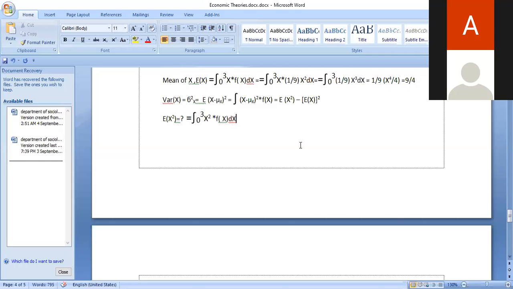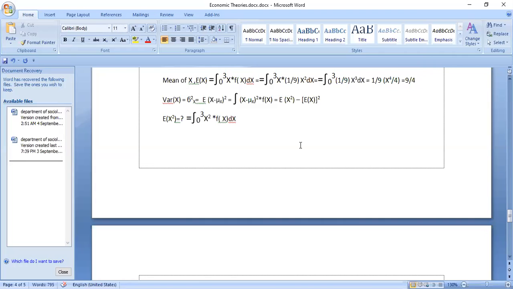Exactly. Some deviations are positive, some other deviations are negative. Some values are higher than mean, some values are less than mean. So when you take square, you get rid of all the negatives.